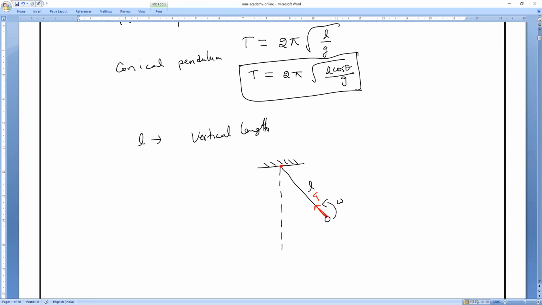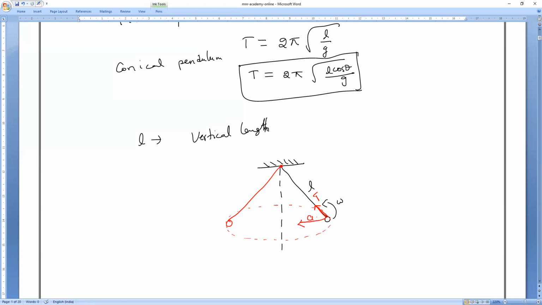Now, if I take the bob, of course, the bob will continuously go, so this side also I'll imagine. This is the path it has taken, and it is following this path. Now you tell me, at this point, the acceleration is acting towards what?